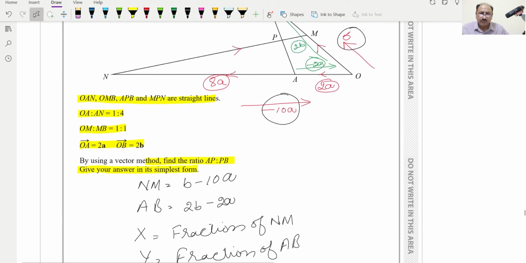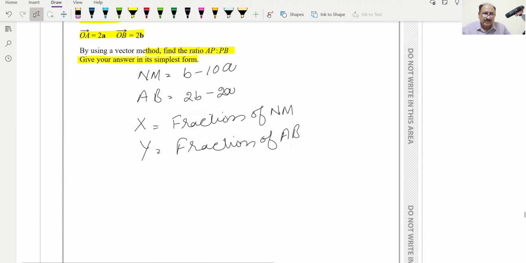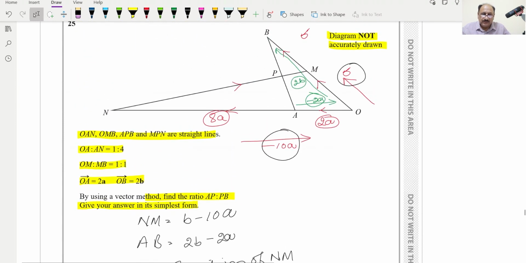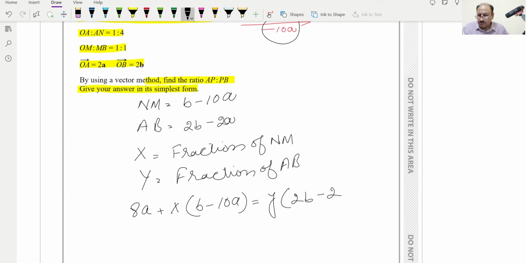We already have AB, so to find the ratio we take x and y as fractions, and then rewrite it as 8a plus x into b minus 10a, and this will be equal to y into 2b minus 2a.